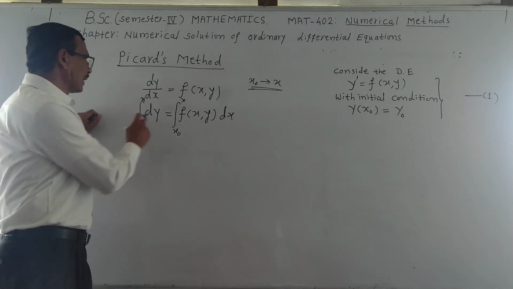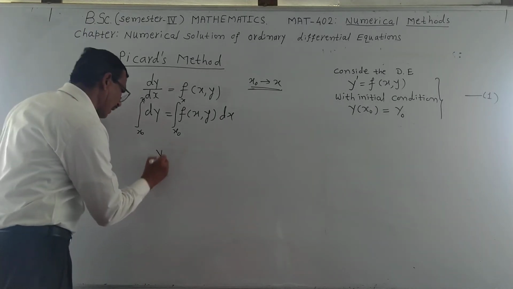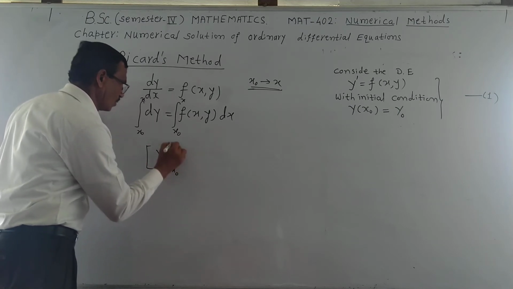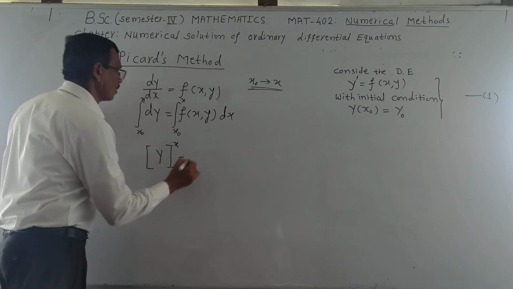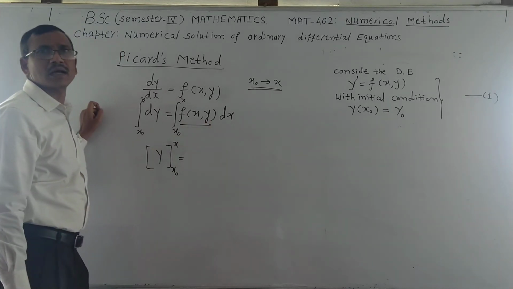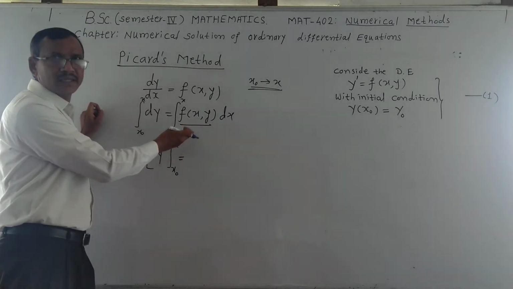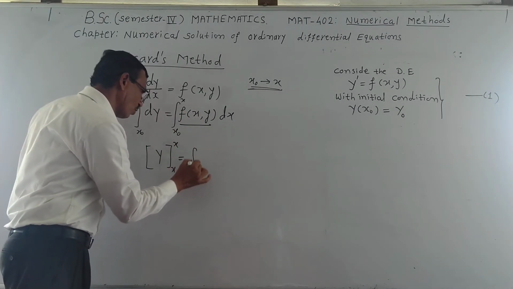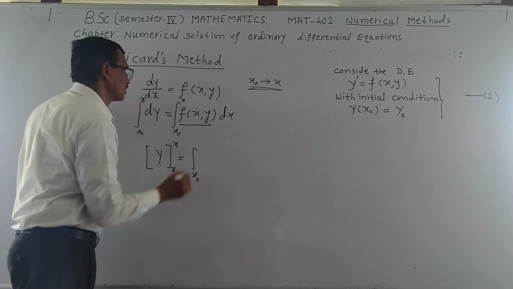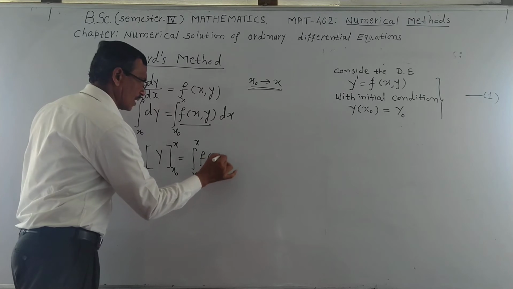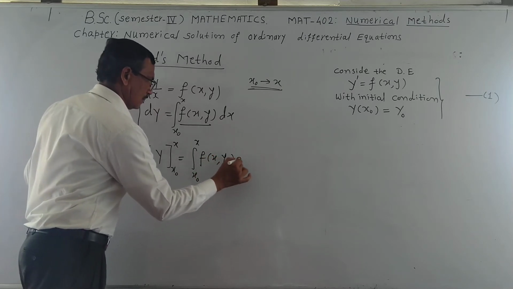Then integration of dy is y, limits x0 to x, is equal to the function f of x, y is unknown, and that's why we cannot find the integration without knowing the function. For that purpose, we shall put the right hand side as it is, x0 to x f of x, y dx.